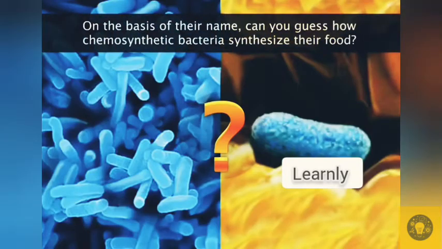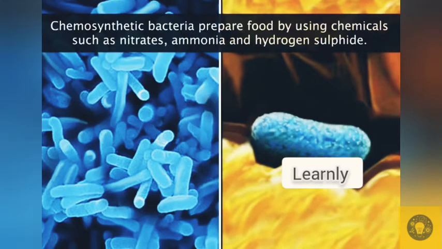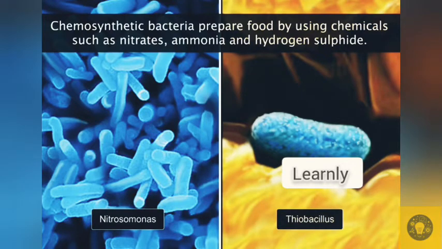On the basis of their name, can you guess how chemosynthetic bacteria synthesize their food? Chemosynthetic bacteria, such as Nitrosomonas and Thiobacillus, prepare food by using chemicals like nitrates, ammonia, and hydrogen sulfide.